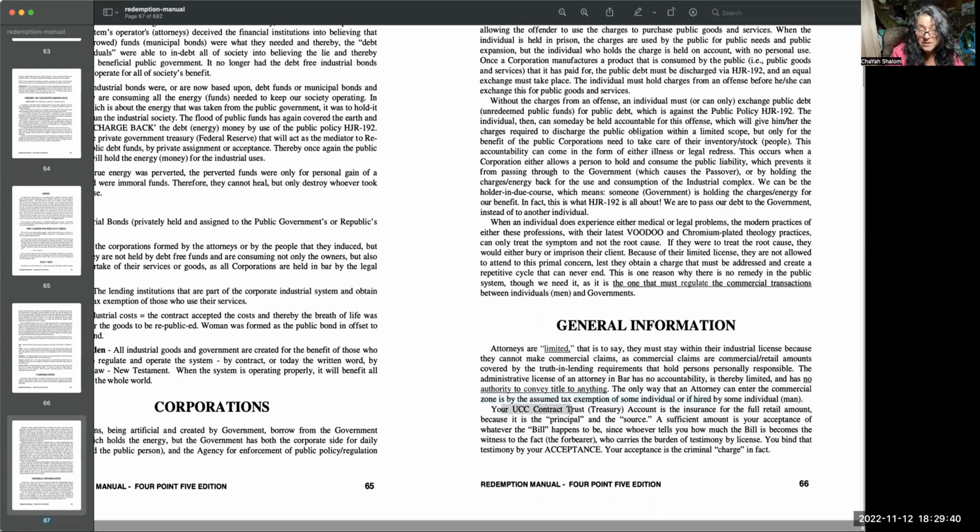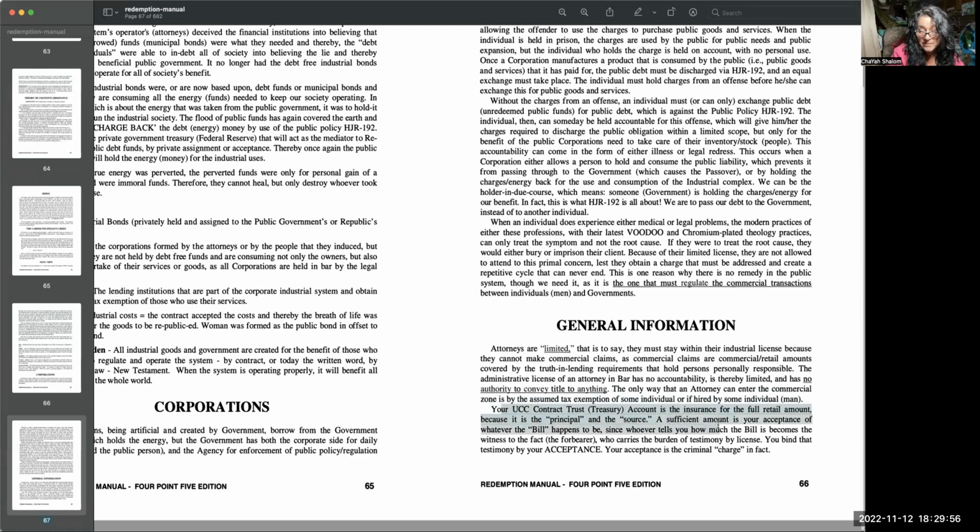Your UCC contract trust treasury account is the insurance for the full retail amount because it is the principal and the source.